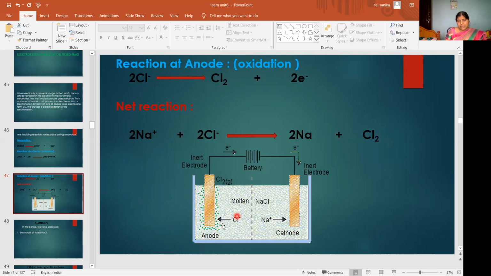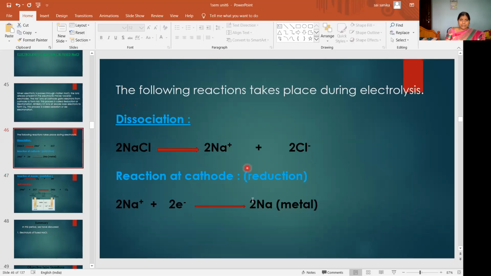Cl- after going to the anode undergoes oxidation. That means it releases its electrons and forms chlorine gas. The electrons released flow towards the cathode, where Na+ ions take these electrons and convert into sodium metal.